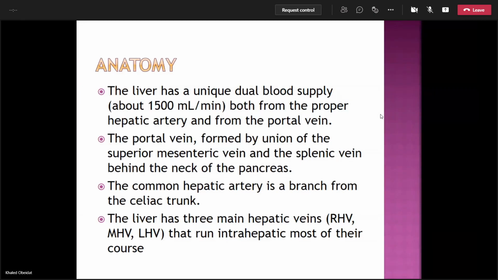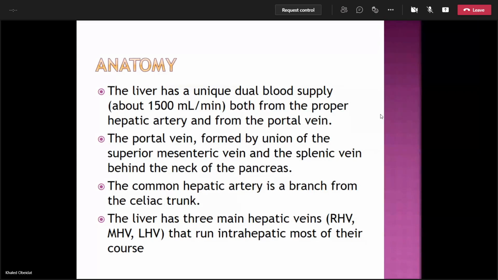Regarding the anatomy, the liver is unique in that it receives oxygenated blood from two sources, a dual blood supply we call it, and that blood flow to the liver is around 1500 ml per minute. The sources of this oxygenated blood are the hepatic artery and the portal vein.